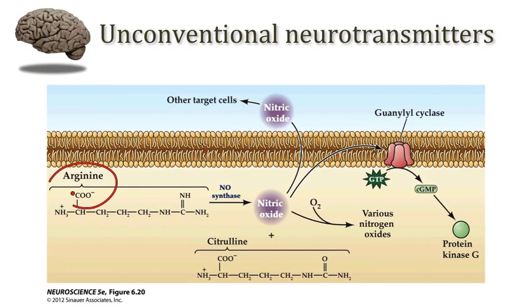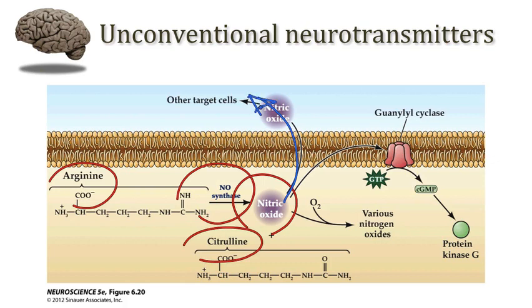So arginine is processed by an enzyme called nitric oxide synthase, and nitric oxide in a gaseous form is produced, as is citrulline, and that nitric oxide then is free to diffuse across the plasma membrane, or it can interact with target structures, maybe within the cell where the gas was synthesized.